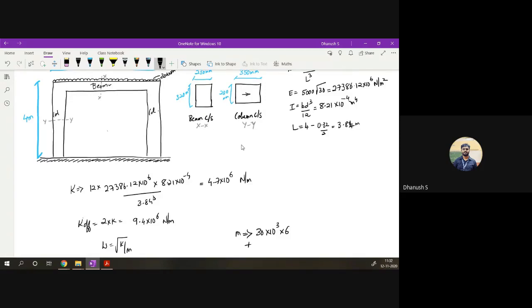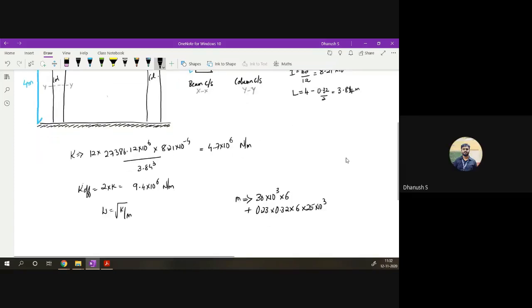What is the beam dimension? 0.23 into 0.32 into 6 into the density of concrete, 25. Correct. Add these two. Whatever you get is in Newton. How much is this?